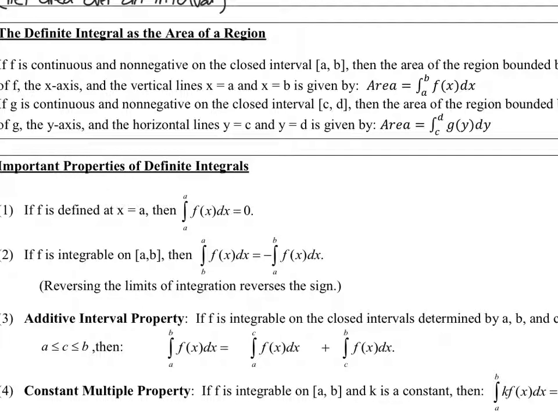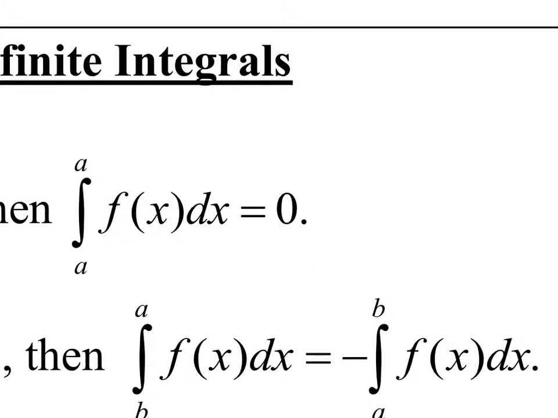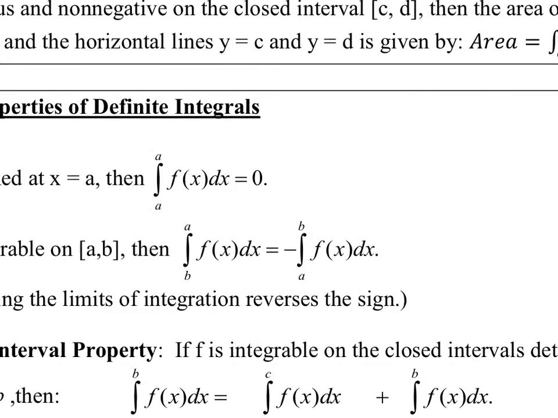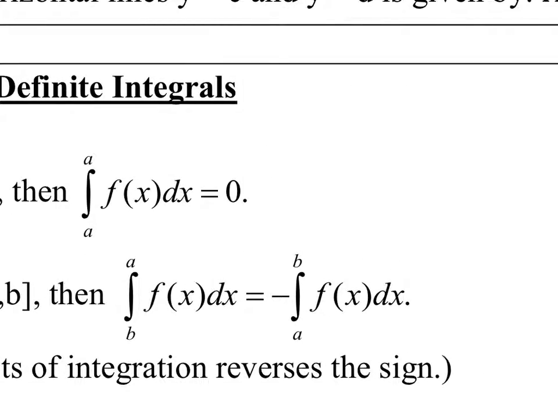So the first one is saying on the interval of a to a, the integral of f of x dx is equal to 0. So what that's telling me is that I have two bounds, x equals a to x equals a.